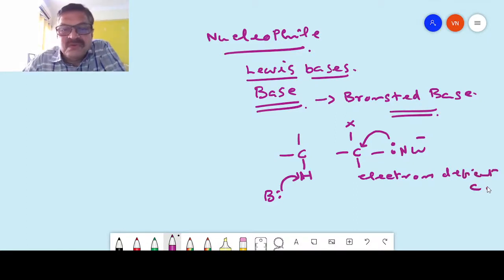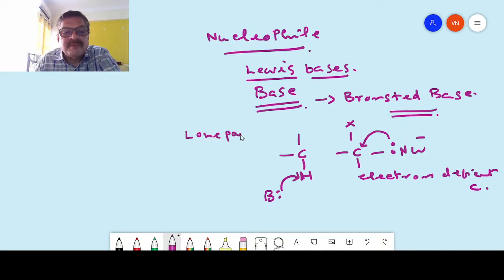So nucleophiles are Lewis bases that will readily react with the electrophilic carbon other than a proton. Base means it is a Bronsted-Lowry base. Nucleophiles and bases are structurally similar. Both will have a lone pair or non-bonding pair of electrons or a pi bond.